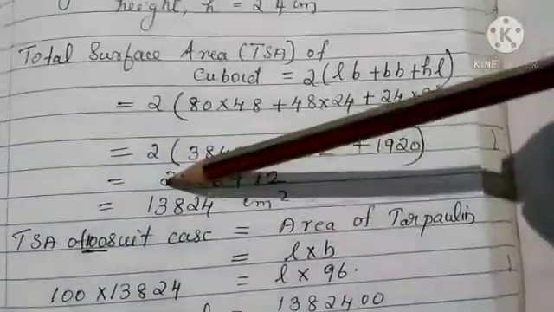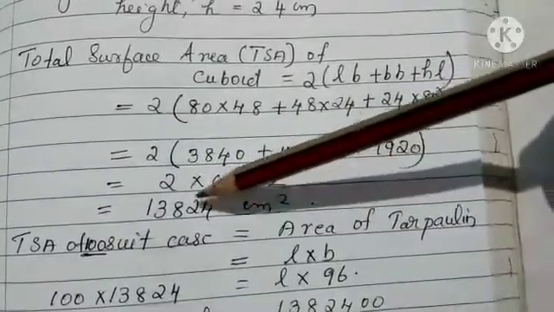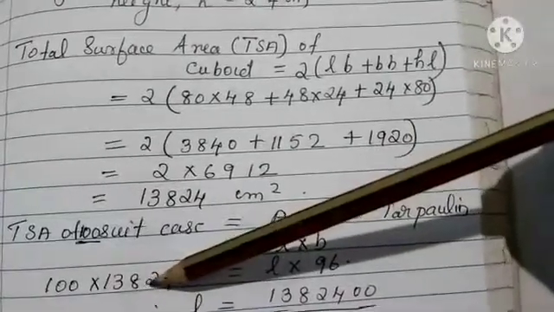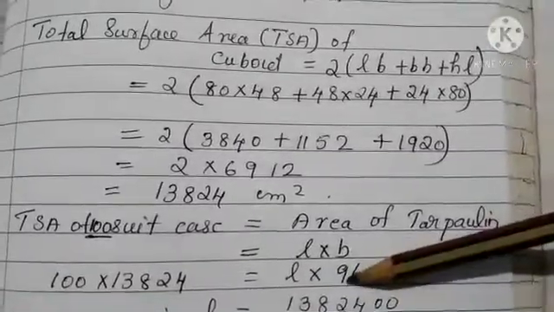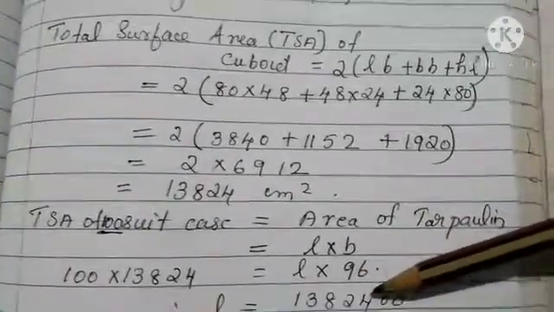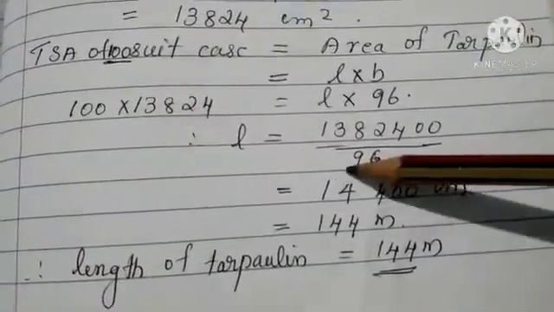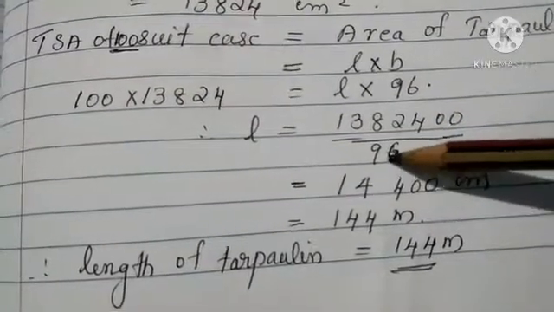That means this is the surface area of one suitcase, and 100 suitcases will be 100 into 13,800. That should be equal to length into breadth, length into 96. So the length is equal to the surface area of 100 suitcases divided by breadth.